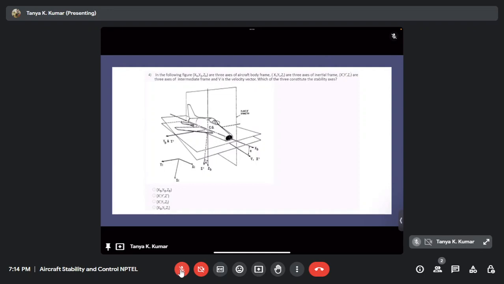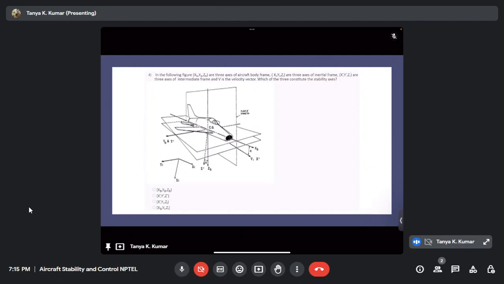So which one is it? Which is aligned to the v axis?